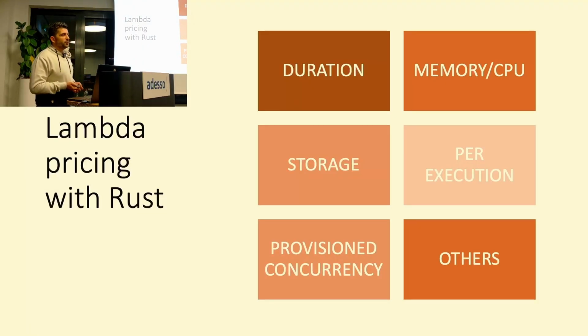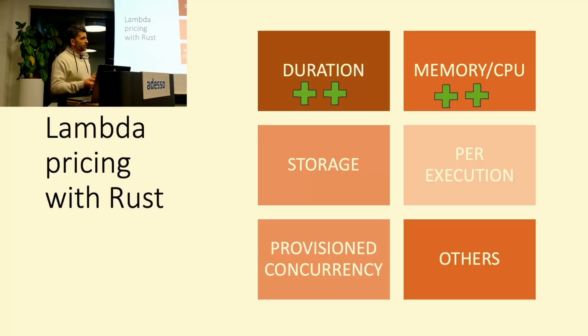What will happen if you are using Rust? Basically, duration will go down. That will be the biggest cost factor which will go down. The memory and CPU, as we have seen, and I will show you real-world examples, also go down. Again, less money you pay for it. The storage doesn't change a lot.